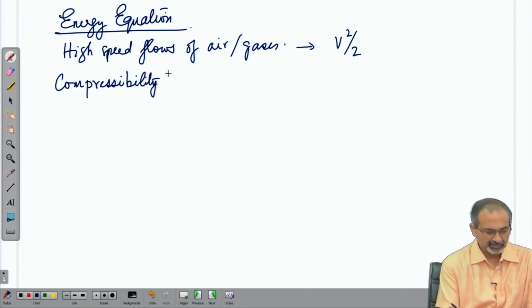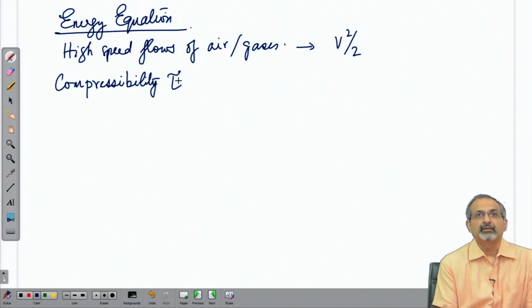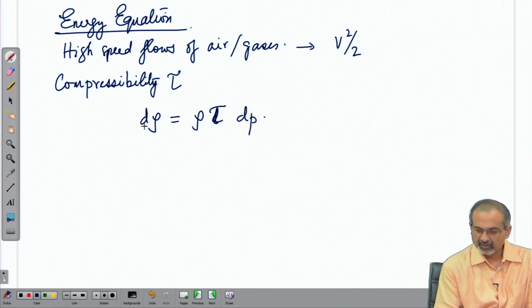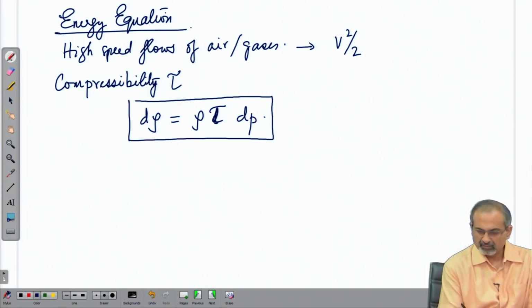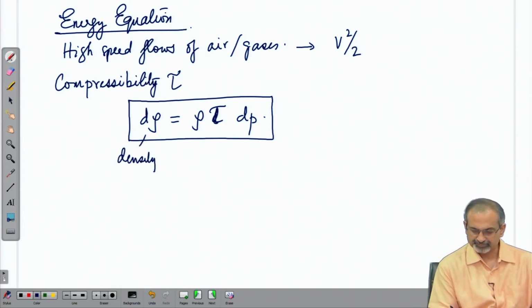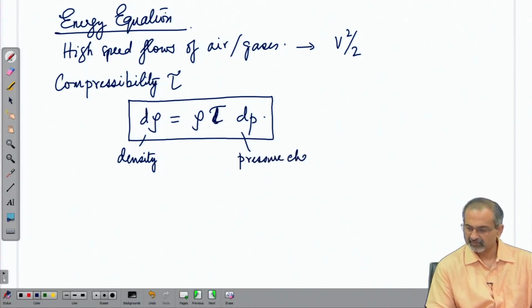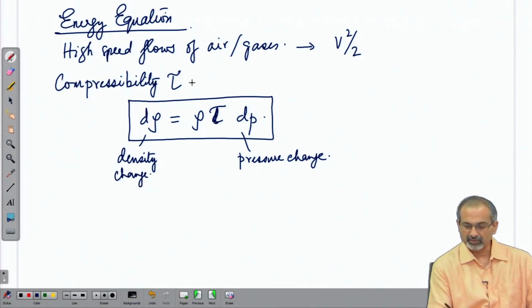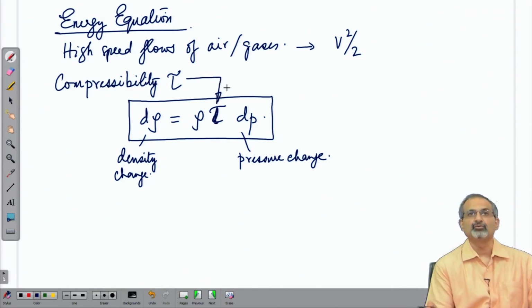If you define the compressibility term as tau, then we could show that there is a relation existing between density change and pressure change in a compressible fluid flow. This relation basically sums that up, where compressibility plays a very vital role.